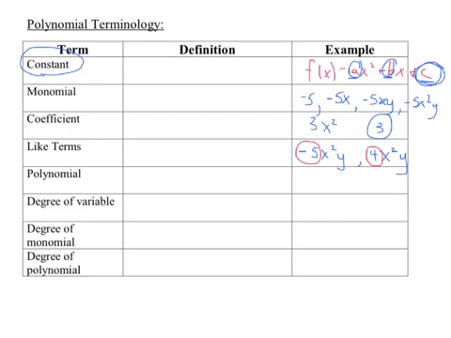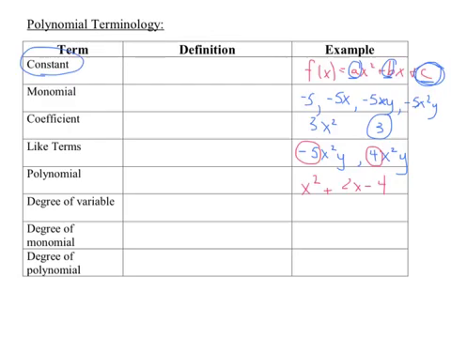They are like terms, and because they're like terms, we can combine them using our arithmetic operations of addition and subtraction. A polynomial is the sum of several monomial terms. So if we had something like this, that would be a polynomial, because there's the sum or difference of many monomial terms.